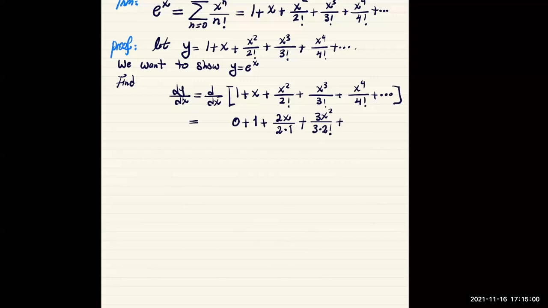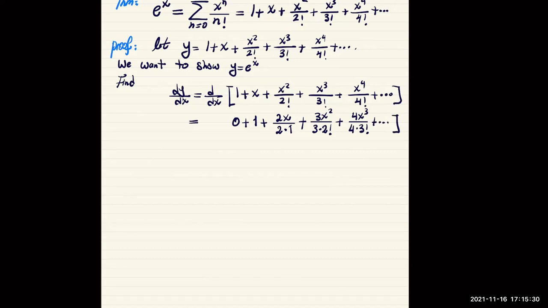The derivative of x to the 4 is 4x cubed, and then I have a factor of 4, which is common with the 4 in 4 factorial. So rewrite 4 factorial as 4 times 3 factorial. Okay, so next one will be 5x to the 4 over 5 times 4 factorial and so on.